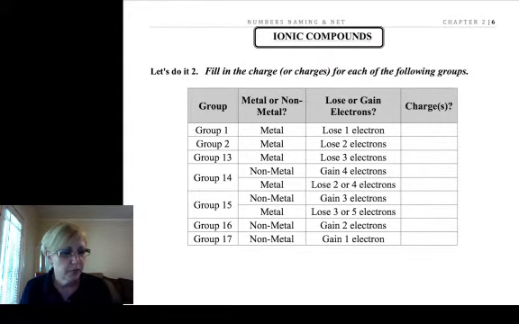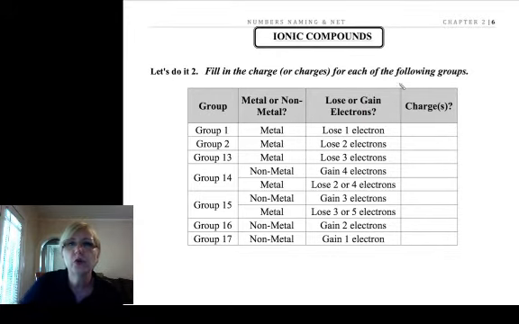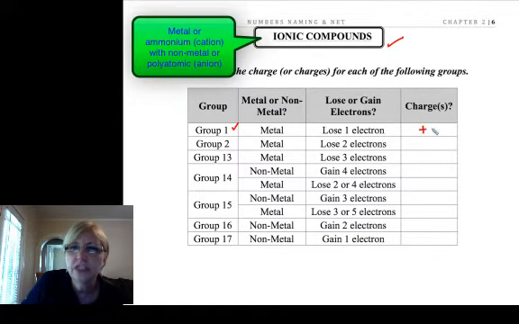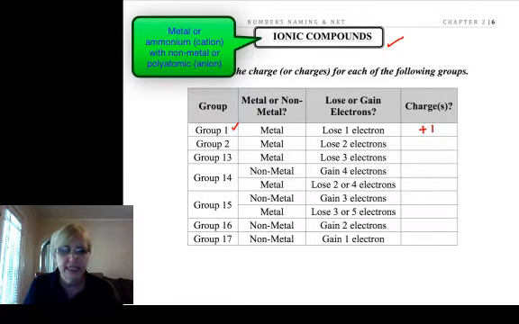Now, to introduce oxidation numbers, I want to review what we covered with ionic compounds in terms of their ionic charge. Because when we get into oxidation numbers, the ionic charge is a key component. So let's review that. Group 1 metals, sodium, potassium, and so forth, lose one electron to be just like the noble gases, and they have a charge of +1.